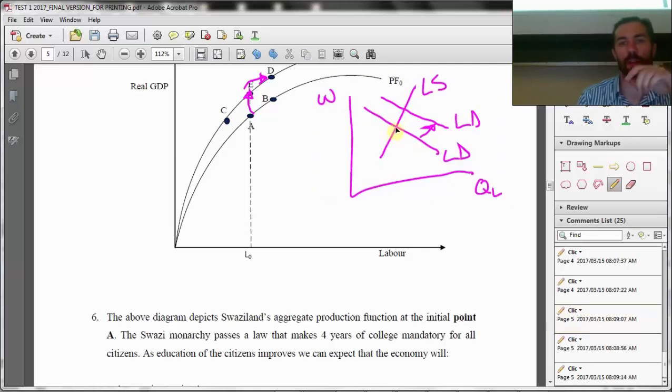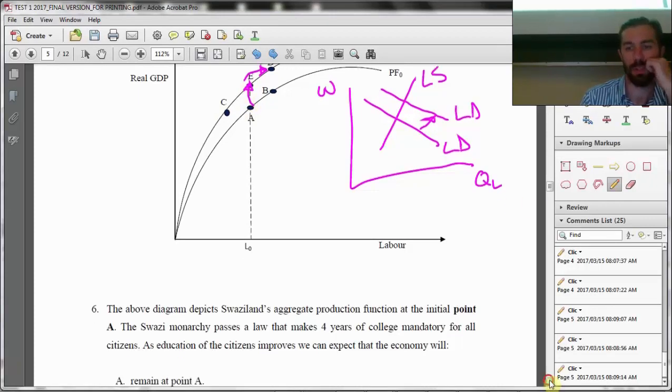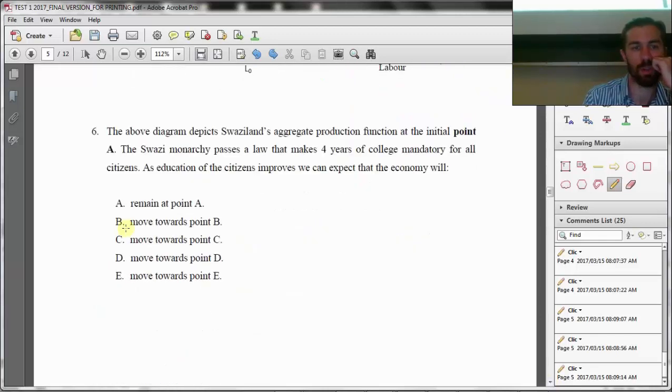So you have an increase in the equilibrium quantity of labor. So it's a movement, and the shift in the labor demand shifts the entire production function. So you've got a movement from point A to point D.